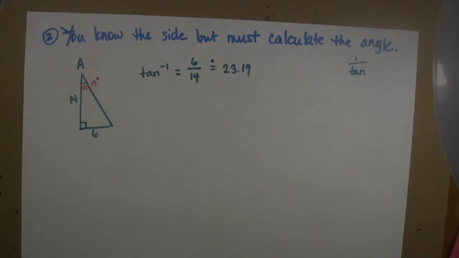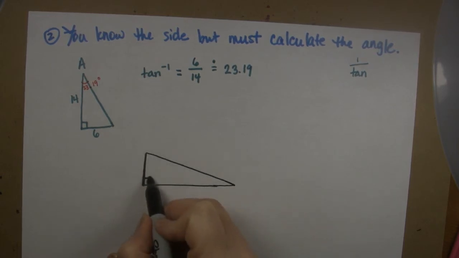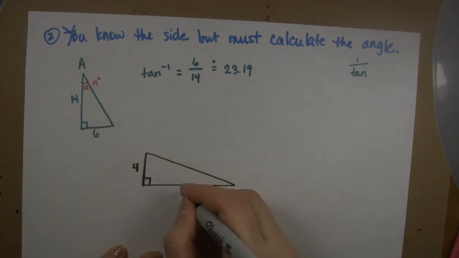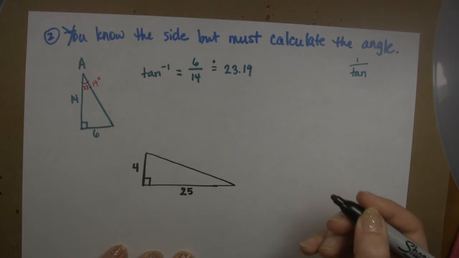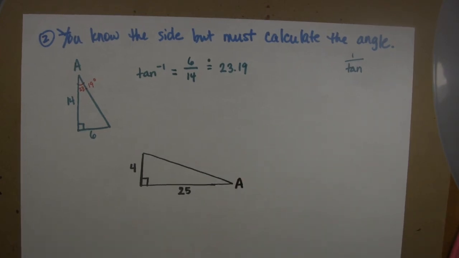Let's say that you have a triangle that looks like this. And we know that this side is a 4, and we know that this side is a 25, and we know that this is our angle A. So we know the opposite and the adjacent.